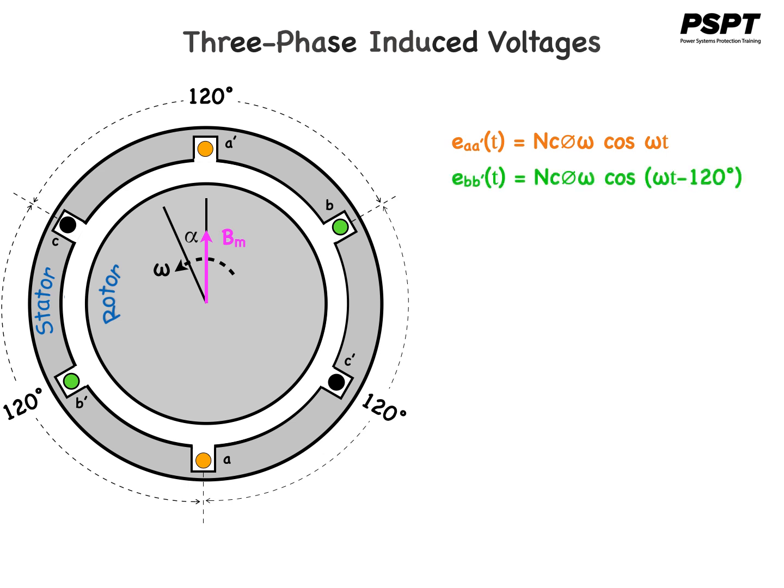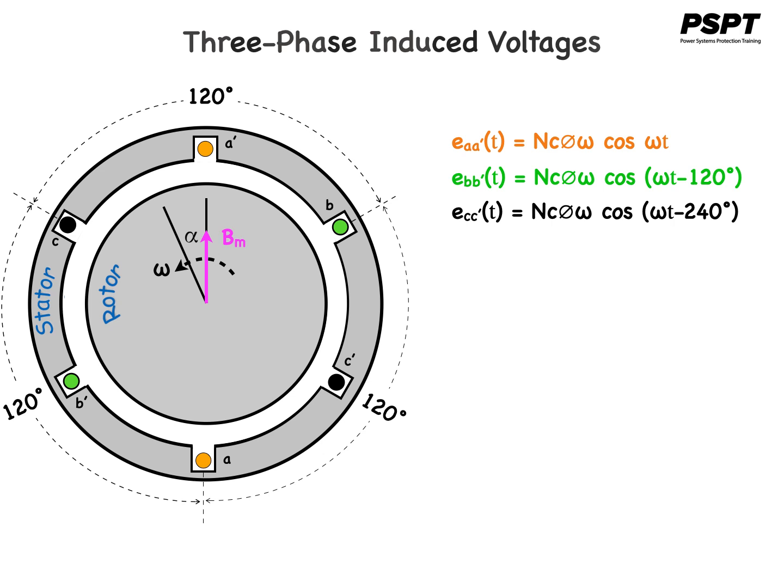The green voltage, given by E subscript BB primed as a function of t, is equal to NC phi omega cos (omega t minus 120 degrees). And the third coil, colored black in this case, would be given by E subscript CC primed as a function of t is equal to NC phi omega cos (omega t minus 240 degrees).